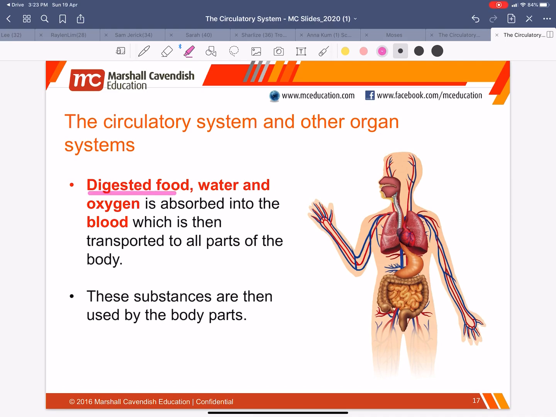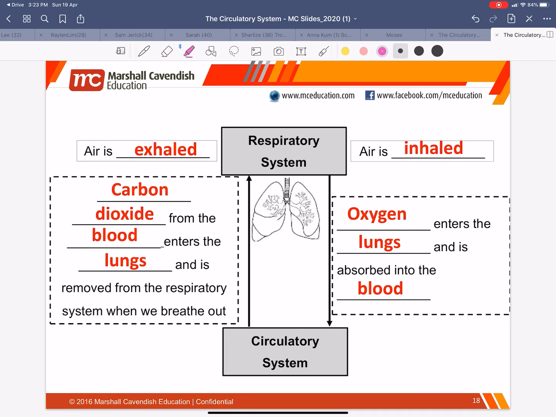So your digested food, water and oxygen is absorbed into the blood, which is then transported to all parts of your body. These substances are then used by your body parts for respiration. Okay, so this is basically a summary of how your respiratory system works together with your circulatory system.